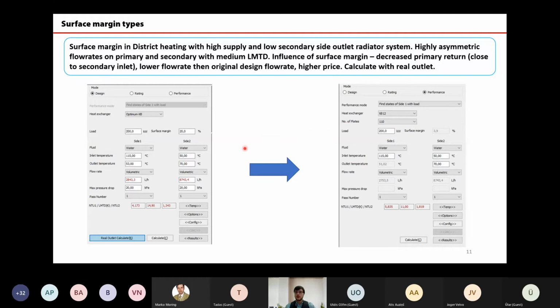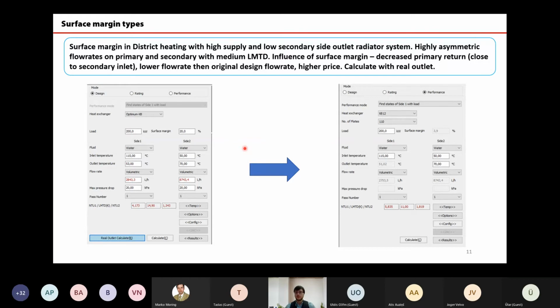So when I have surface margin in heating applications in closed loop systems, I more or less don't care about its impact on self-cleaning or on velocities in the channels, because these are relatively clean media, and I don't need to think about self-cleaning of the heat exchanger.